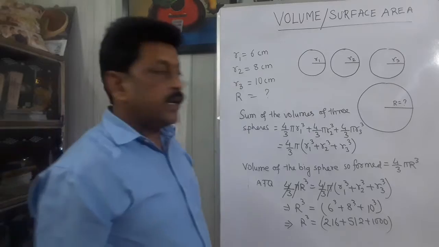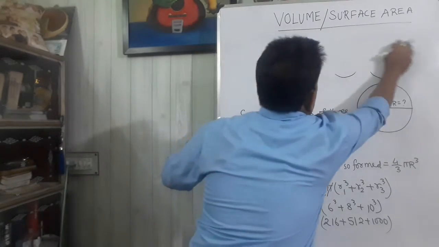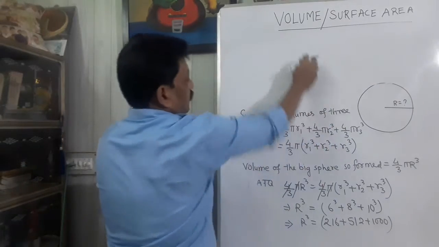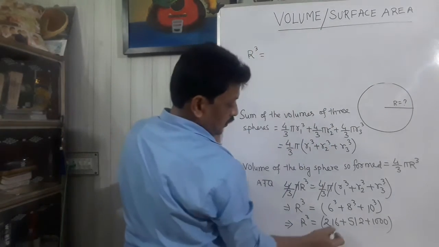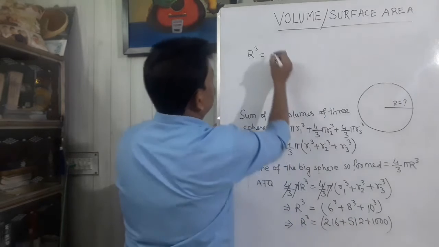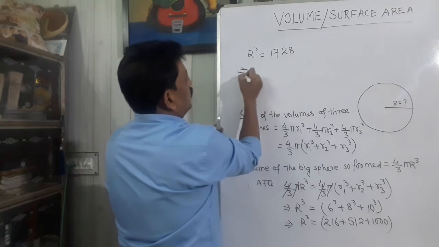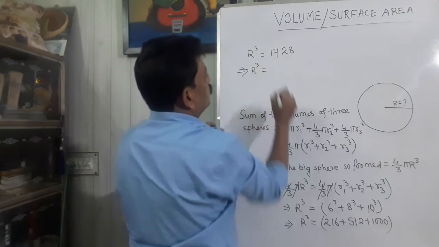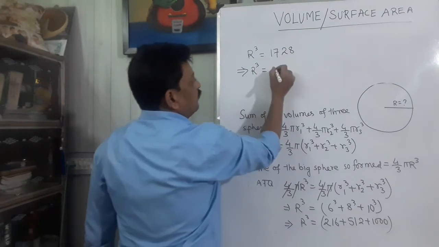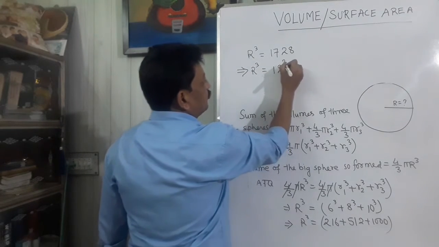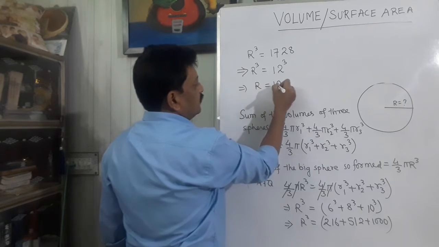If these are added, then we will get R cube equals 1728. We can say R cube equals 1728, which is the cube of 12, so it will be written as 12 cube. Now comparing both sides, we can say that R equals 12.